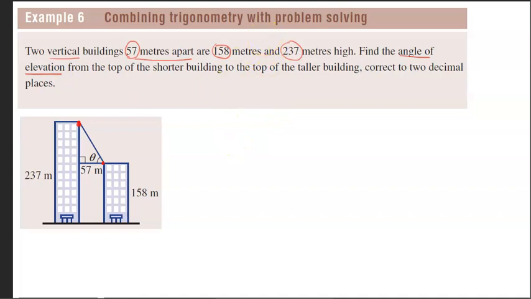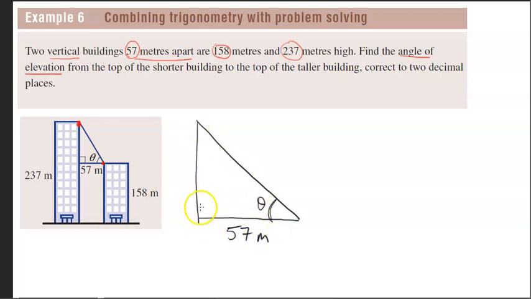So this here, I'm gonna recreate this right angle triangle on the side here, and we know that we are looking for an angle theta, so we have to use an inverse trigonometric identity. We also know that this is 57 meters. Now the hypotenuse within this right angle triangle has not been given, so we have to look for this length here, which can be found from this point to this point, but this has not been explicitly given to you.